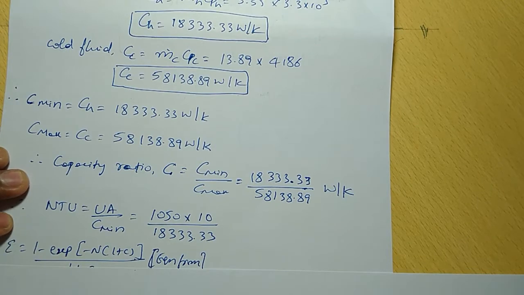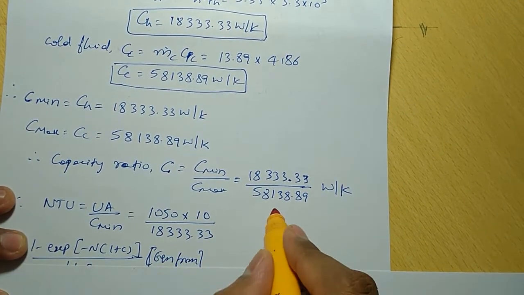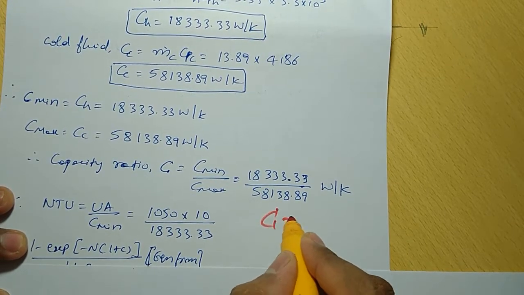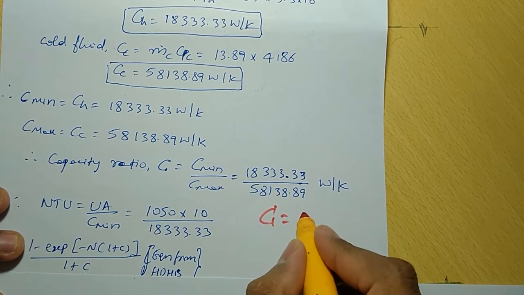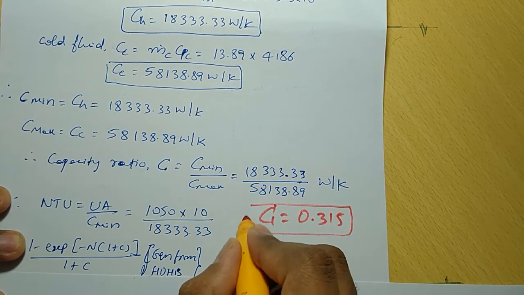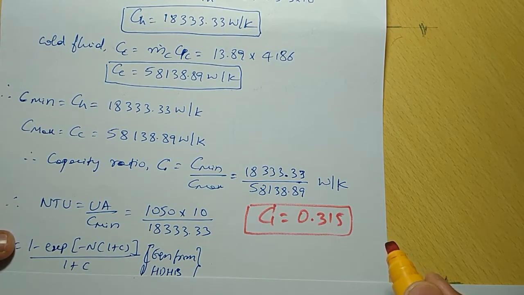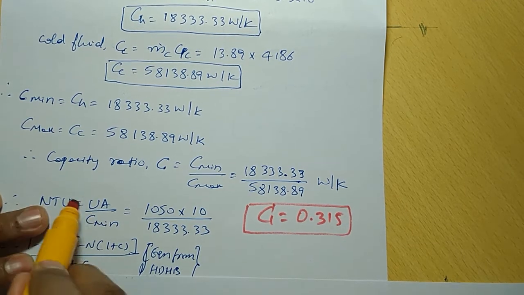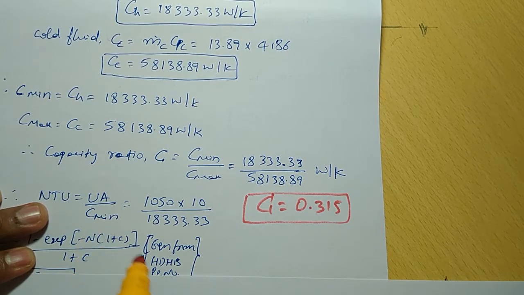The C value you obtained is 0.315. This is unitless.